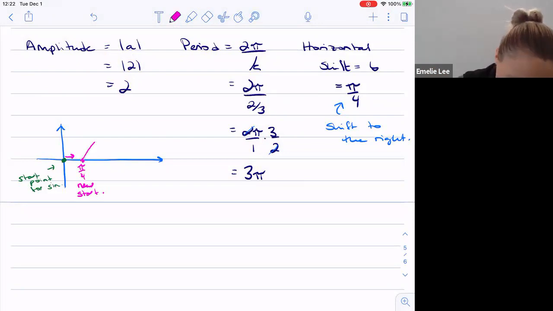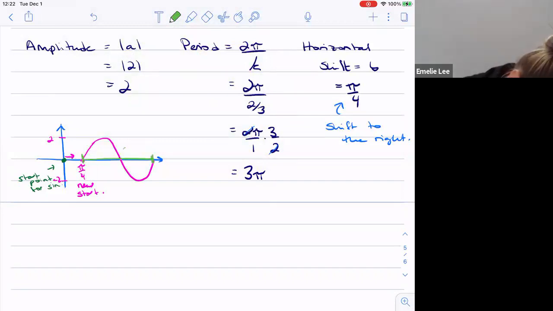We've got an amplitude of 2. So at this point, we've got 2 and -2, let's say. So it's going to go there. And then this distance from here to here is a distance of 3 pi, right?